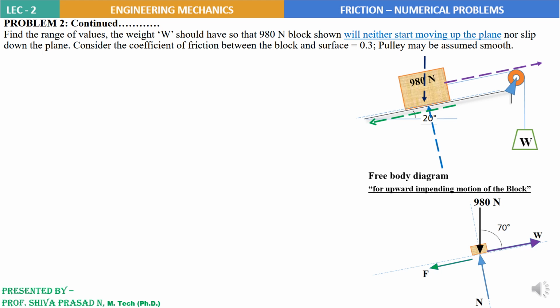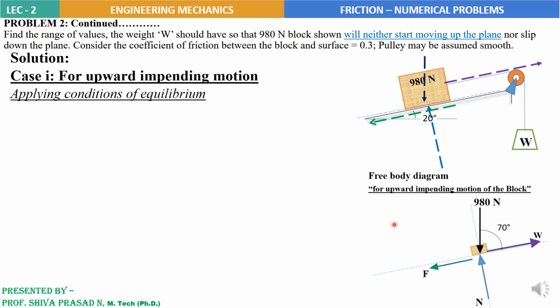So considering the first case, upward impending motion of the block, we have this friction force on the left side. For this case, let's apply the conditions of equilibrium. One thing I'll tell you is why we chose the inclined plane itself as the x-axis: all the forces are almost along the inclined axis, and the normal is perpendicular to that.